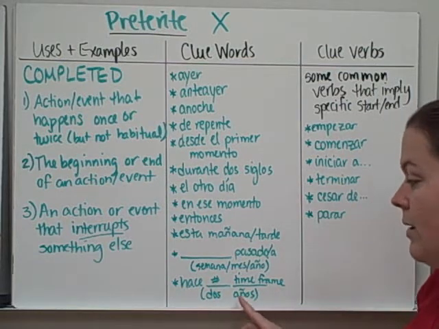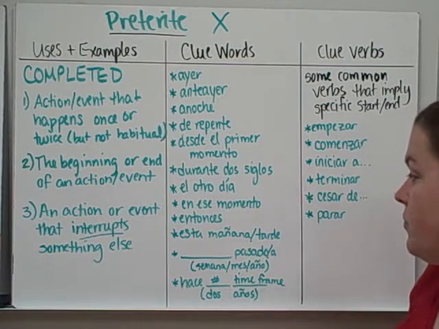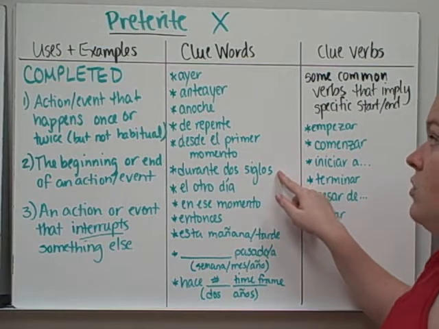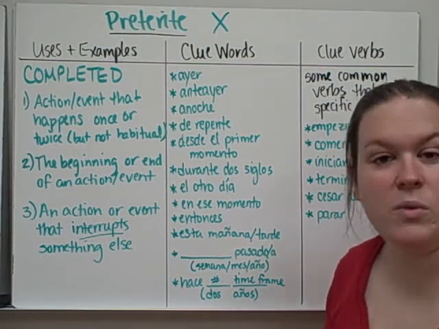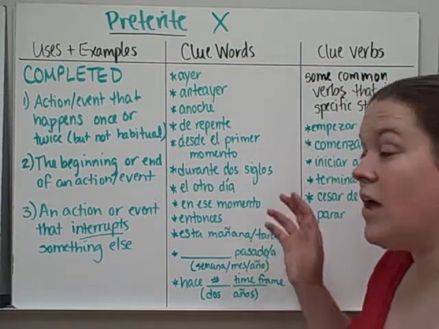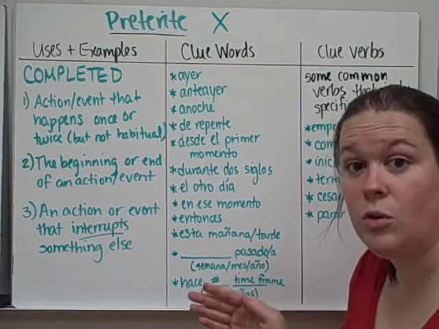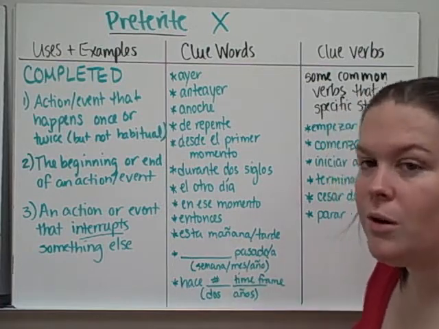It's been this time since this happened. So a passing amount of time. Now up here, durante 2 siglos, you would think that's over a long period of time so that it would be imperfect. But since they specify the time frame of beginning and an end, 2 centuries, this set of 200 years, it is an example of preterite.